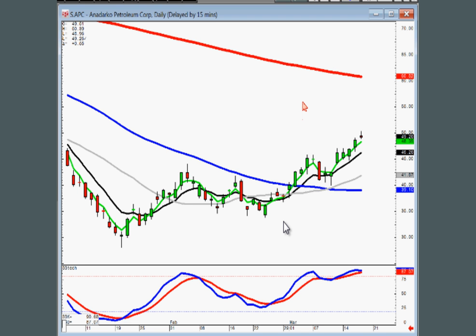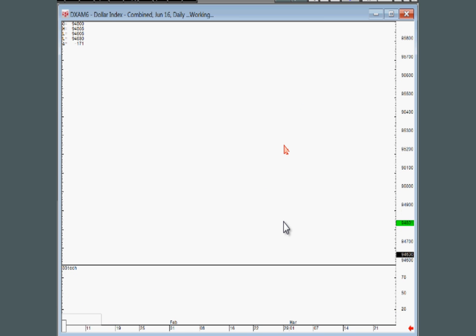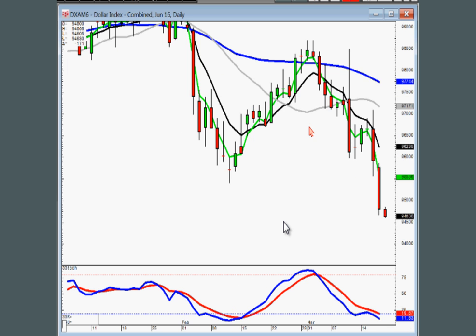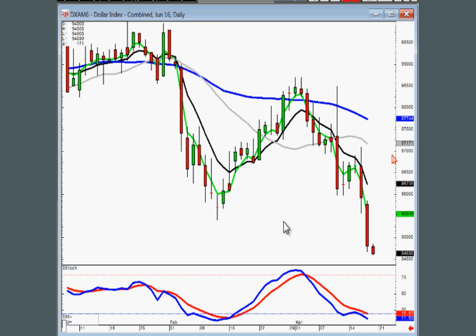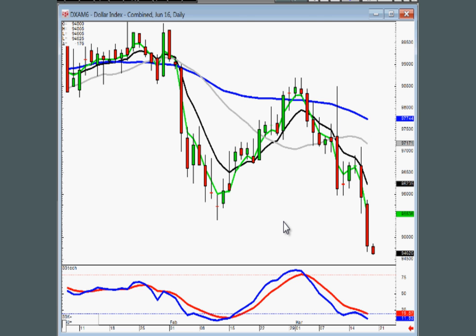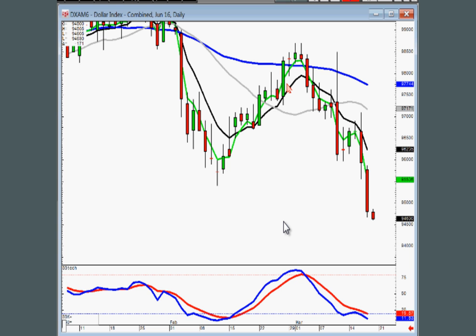What did the chart of bonds, dollars show? The dollar is getting hit. I don't know where the 200 is, but you can see when it failed up here at the 50, they just cannot get it back up.